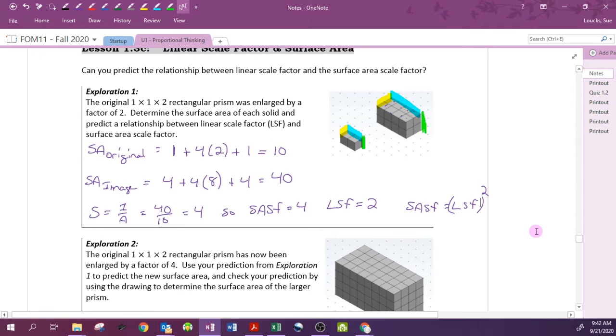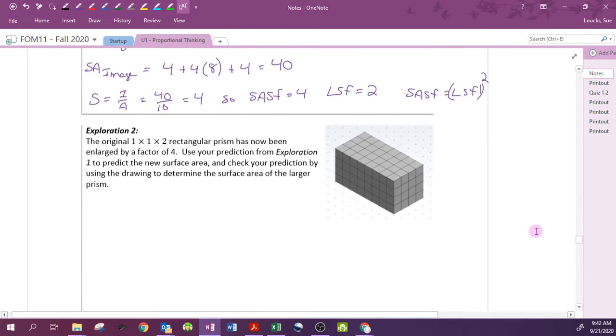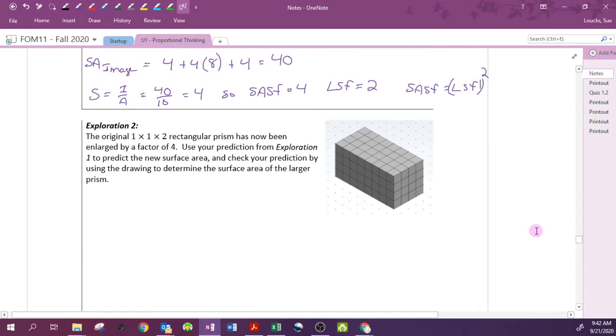So let's try another one where we're using a linear scale factor of 4. So for exploration 2, this time the prism has been enlarged by a factor of 4, so the linear scale factor is 4.